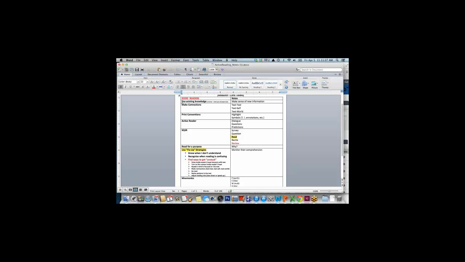And I'm going to start up here about using their existing knowledge. What makes sense, they make sense of their new information, what they're reading. And of course, I always share with my students that they have prior experiences that they bring into this entire reading process. We begin to make connections, meaning that when we do our particular vocabulary words, maybe like the word ostentatious, flashy, showy. Have you seen that word before?